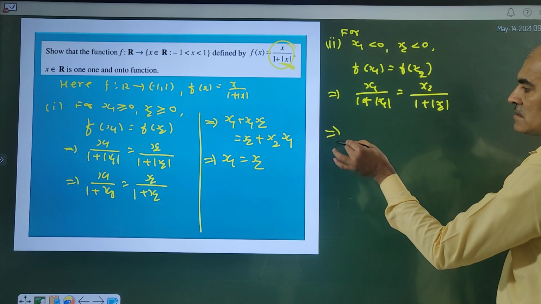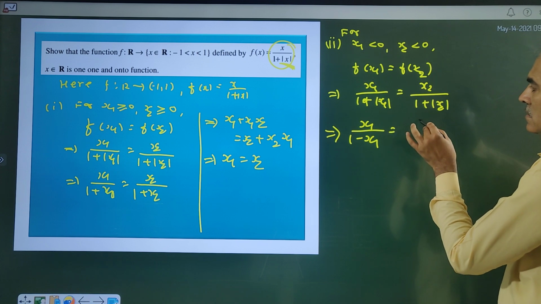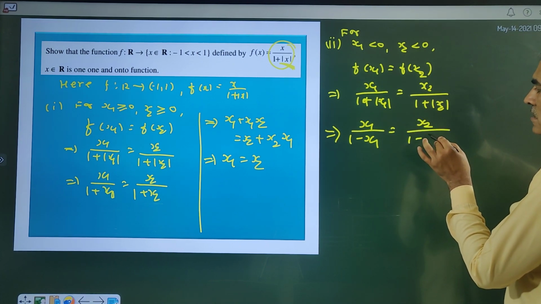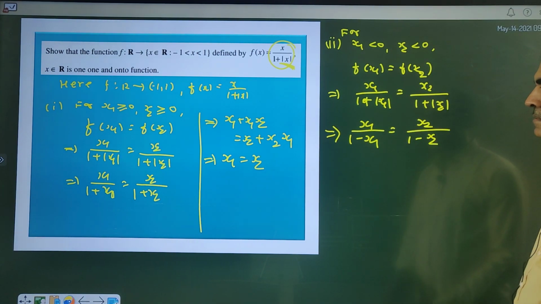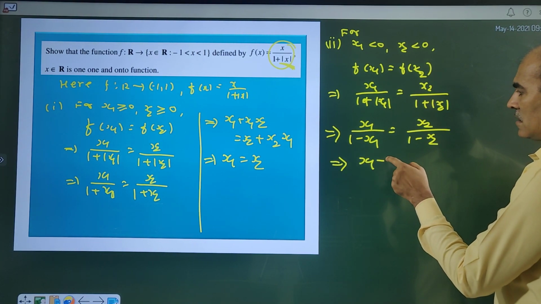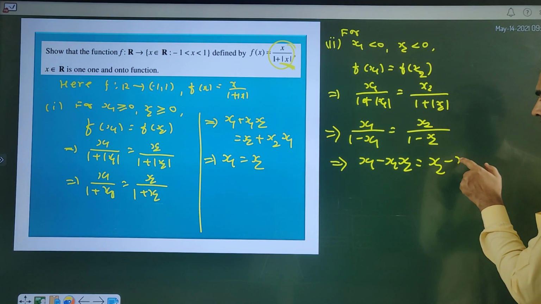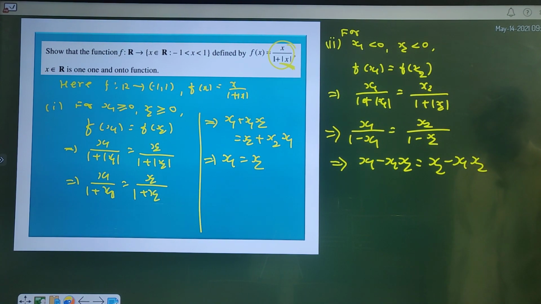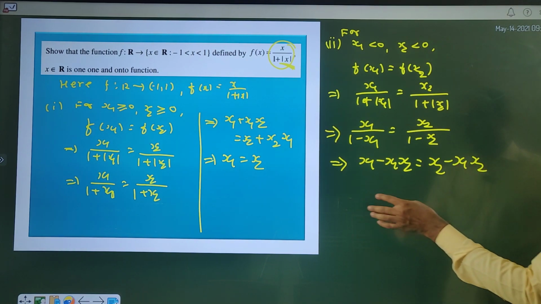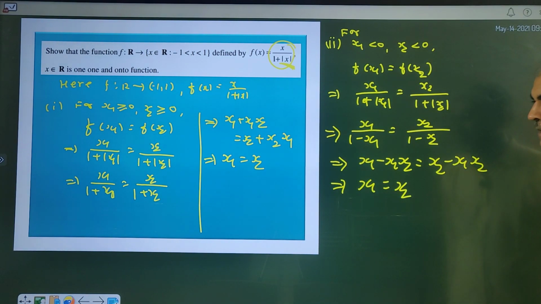This implies x1 over 1 minus x1 equals x2 over 1 minus x2. This implies x1 minus x1 x2 is equal to x2 minus x1 x2. x1 x2 get cancelled. What we get? x1 is equal to x2.